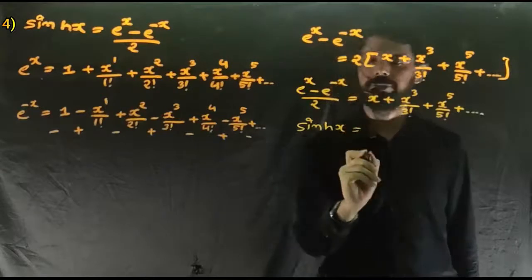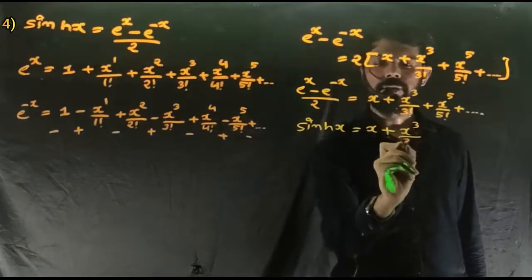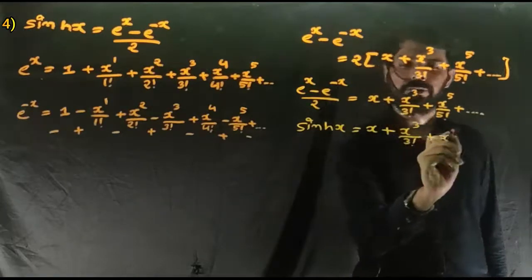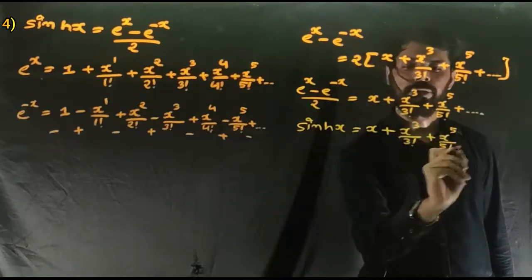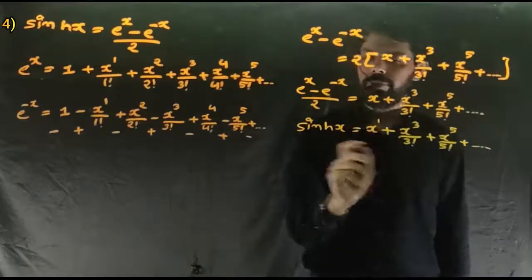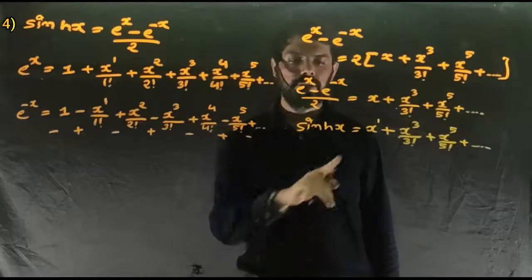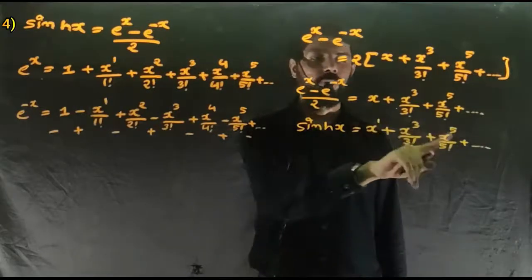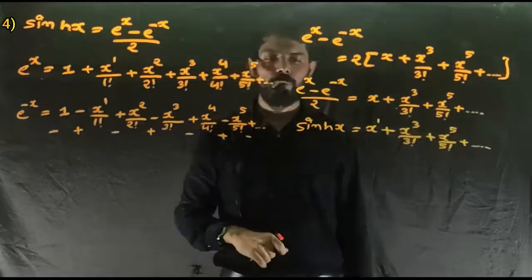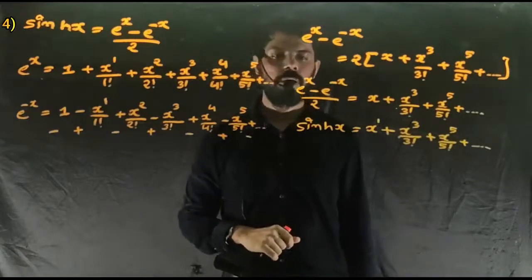So sine hyperbolic x is equal to x plus x cube by 3 factorial plus x raised to 5 by 5 factorial plus so on. As you can see, in the Maclaurin series for sine hyperbolic x there are odd powers of x, and in the Maclaurin series for cos hyperbolic x there are even powers of x.